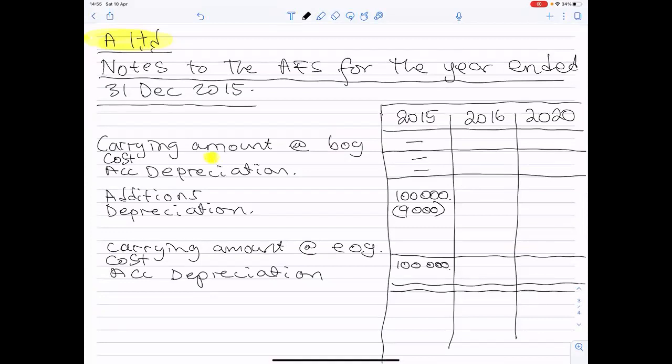Accumulated depreciation at the end of the year is going to be the opening plus the current year depreciation minus the depreciation of any asset that would have been sold. So in this case, the depreciation of the asset is 9,000. Are we together? Which is 0 plus 9,000. So in this case, you are going to get 91,000. Is that clear?